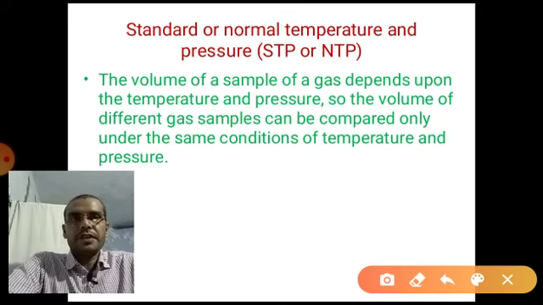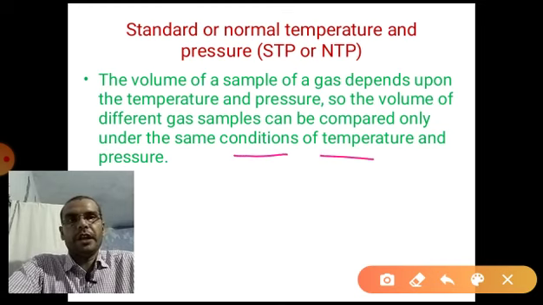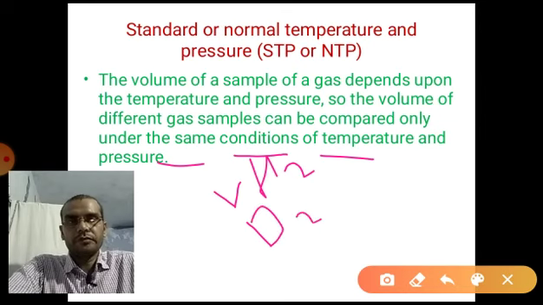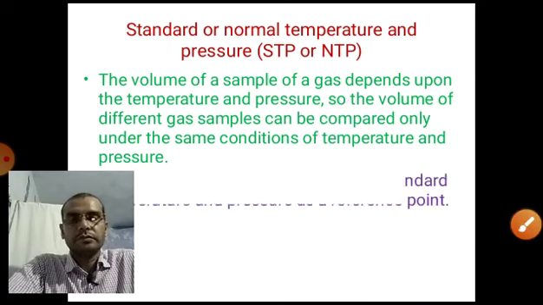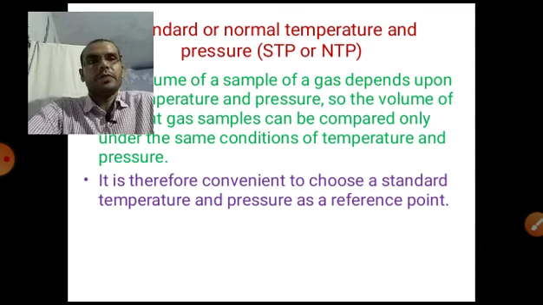So the volumes of different gas samples can be compared only under the same conditions of temperature and pressure. Suppose you take the volume of hydrogen and the volume of oxygen, then the temperature and pressure should be the same.